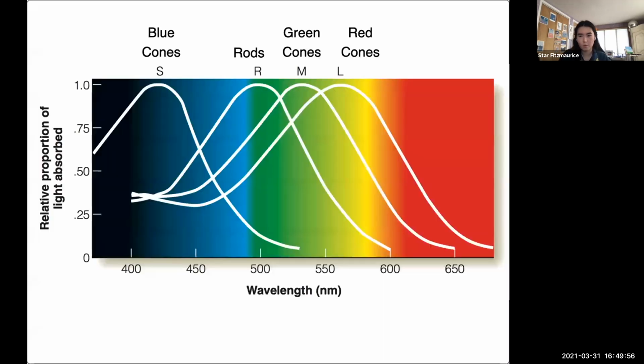So is that why rods that we have more of would be more attuned to those colors? Why it is like this? Yeah.